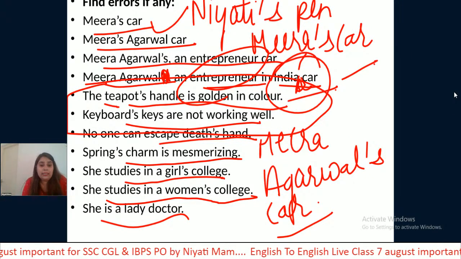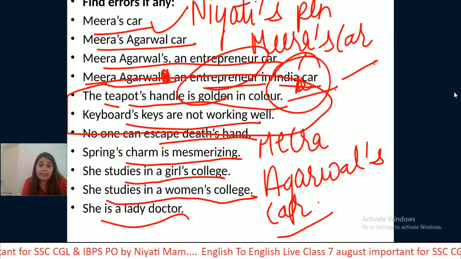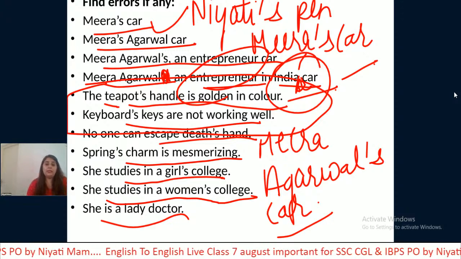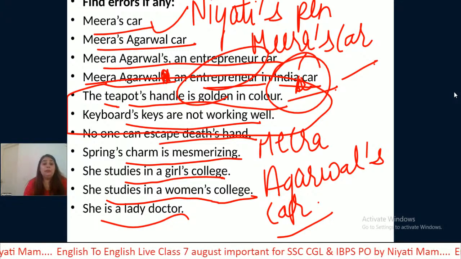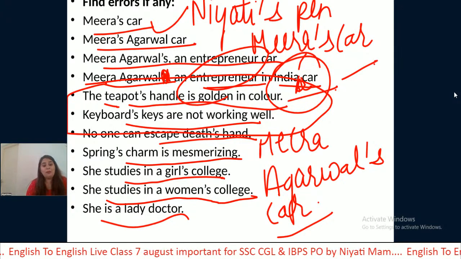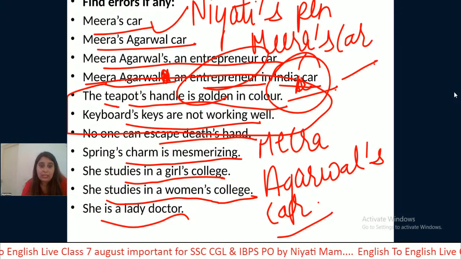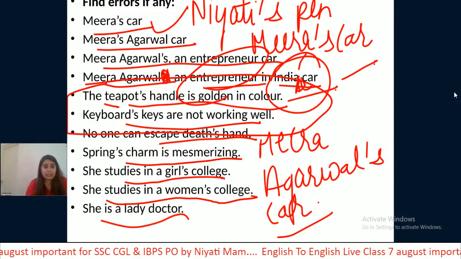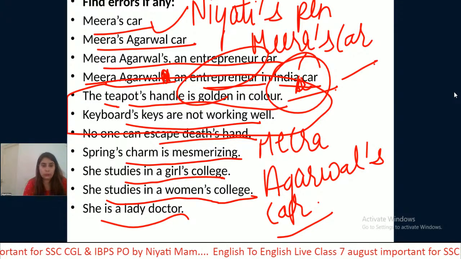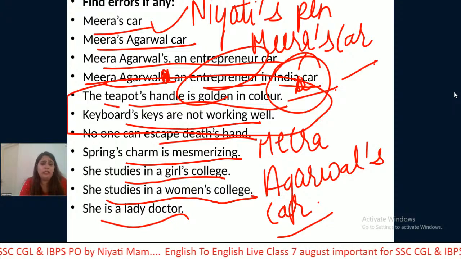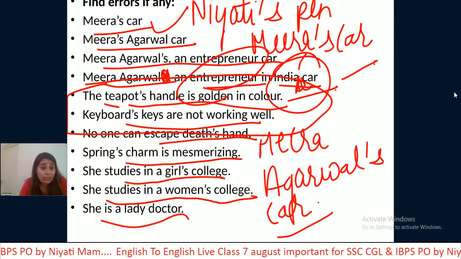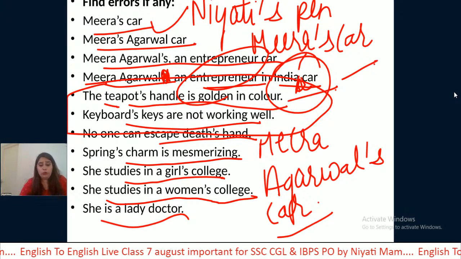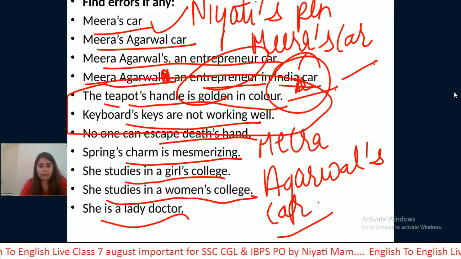No one can escape death's hand. Okay. Spring's charms is mesmerizing. Now, you people must be thinking that ma'am has recently told us that we cannot use apostrophe s with non-living things, then these sentences should also be wrong because death, or we can say spring, both are non-living things.